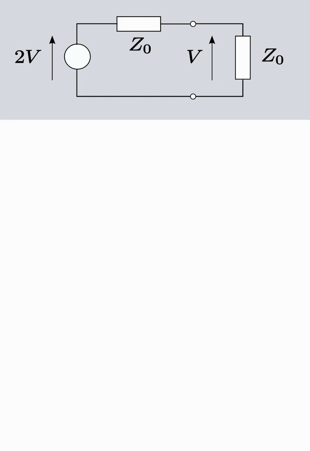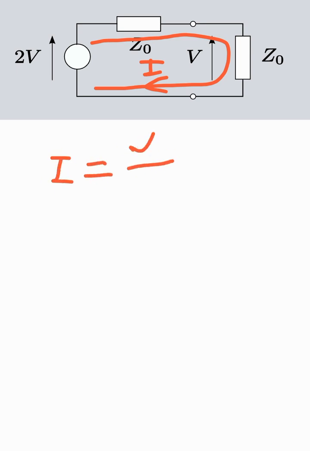So as we can see, we can actually calculate the current flowing through the circuit first, which is I. We apply Ohm's law, and Ohm's law says I equals V over total impedance ZOT.